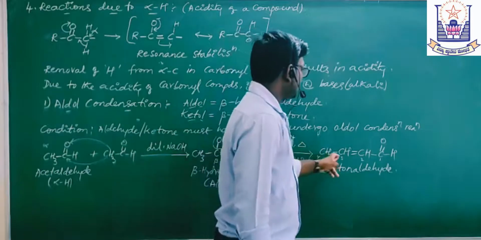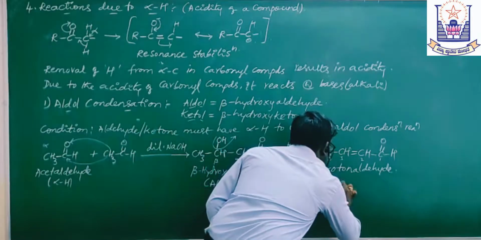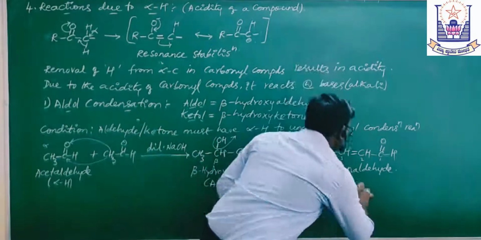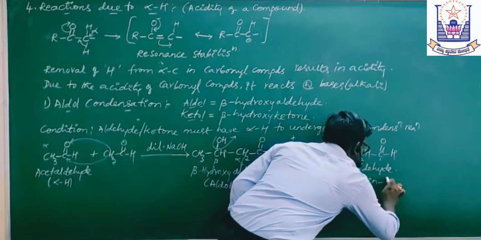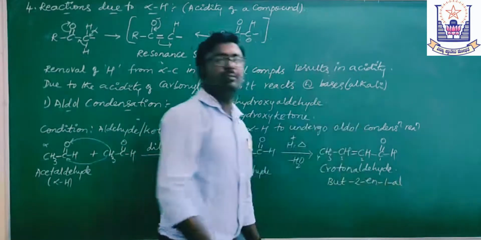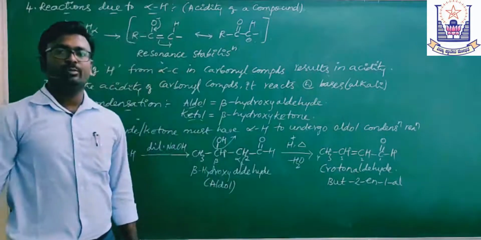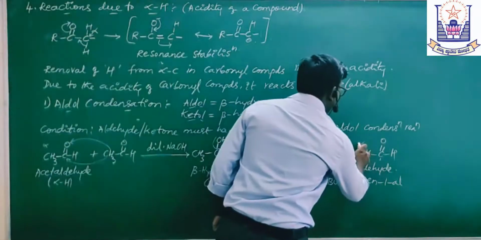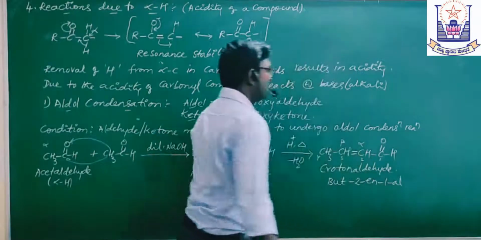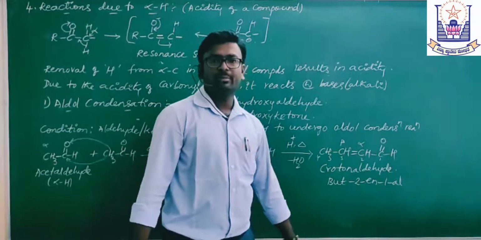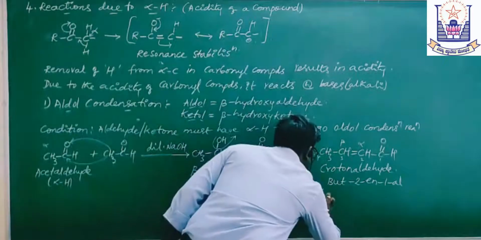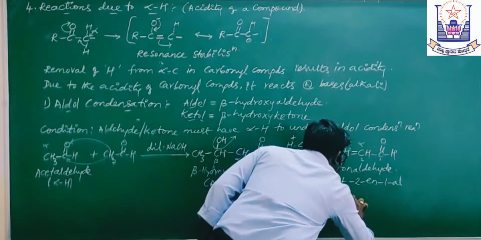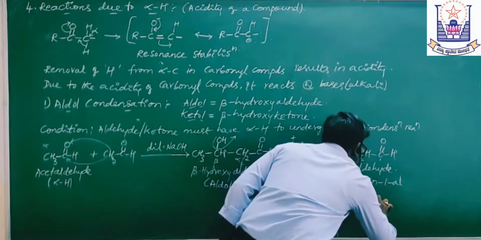This is but-2-en-1-al. But-2-en-1-al is the IUPAC name. And this is alpha beta. There is unsaturation between alpha and beta, so it is also called an alpha beta unsaturated aldehyde.